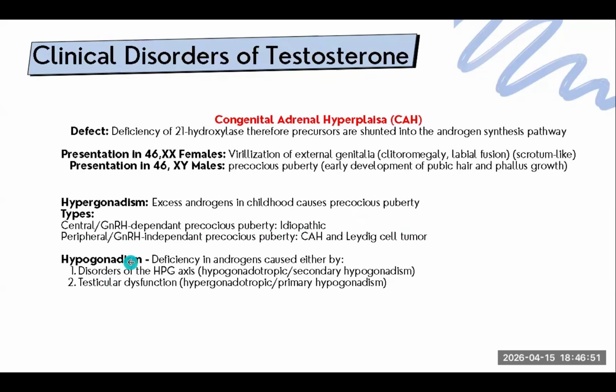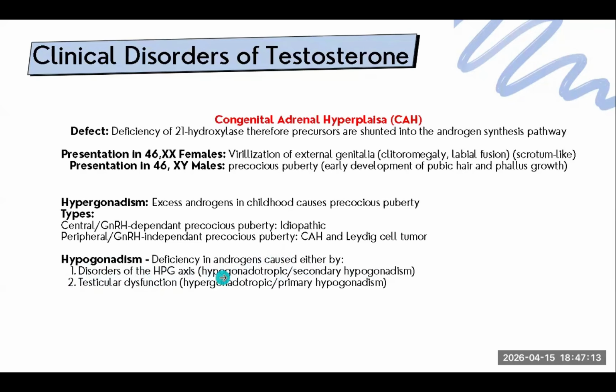Okay. And then hypogonadism is a deficiency in androgens, which is caused either by, number one, disorders of the HPG axis, specifically the HP, the hypothalamus and the pituitary, not the gonads. And this would be known as hypogonadotropic or secondary hypogonadism.